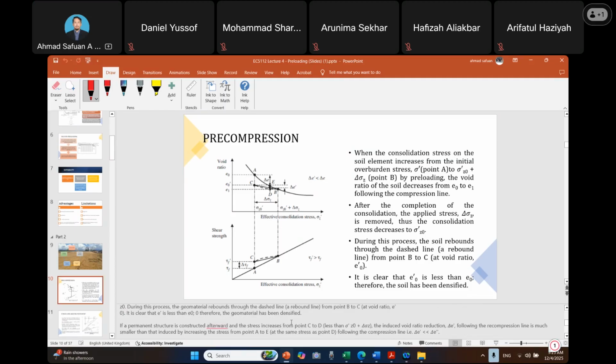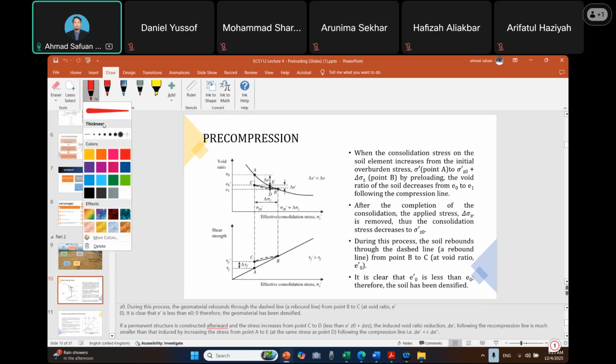If a permanent structure is constructed afterwards, the stress increases from C to B, and the load that we apply, the load that we propose to construct, should be less than the first stage where we apply the preloading.